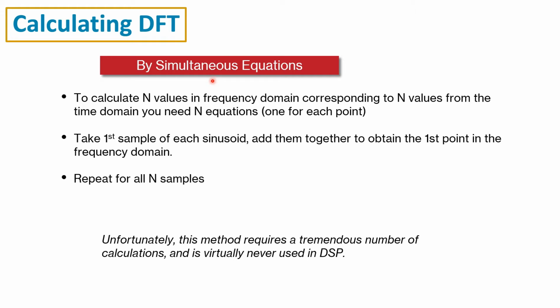So you also know that the number of simultaneous equations required to find out certain number of unknown variables must be equal to the number of unknown variables. For example, if there are 4 variables, you need 4 simultaneous equations to solve for those 4 variables, to find out the values for those 4 variables.